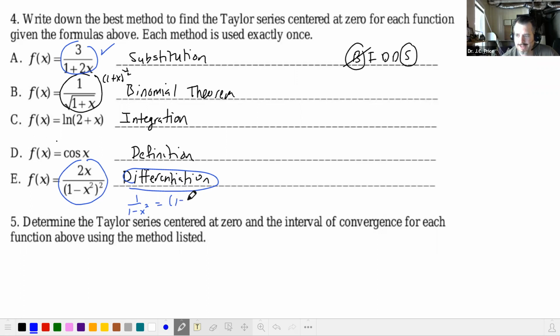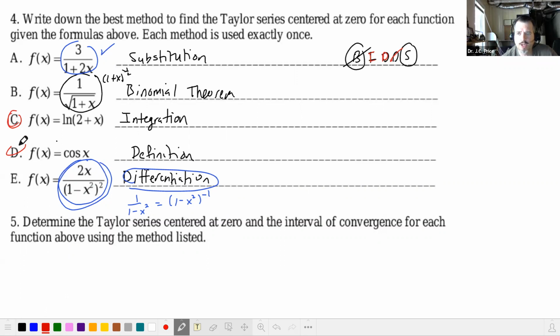If I look at this one, 1 over 1 minus x, squared to the -1, and I take a derivative of this, I'm going to get this back exactly. So it matches up. So that's differentiation. And then we talked about how once we got differentiation gone, we can use either the definition, which is this d, or integration.